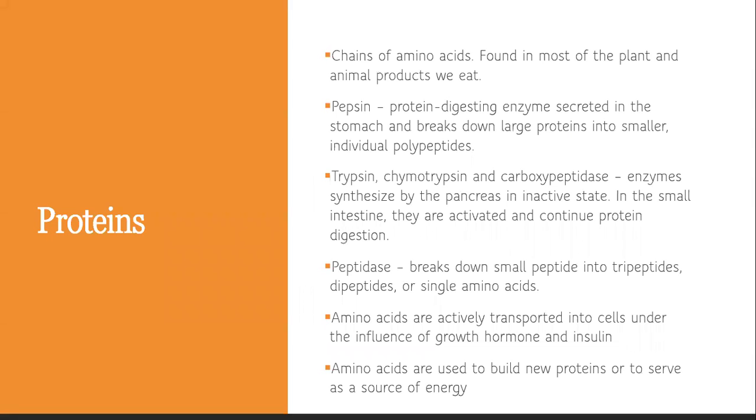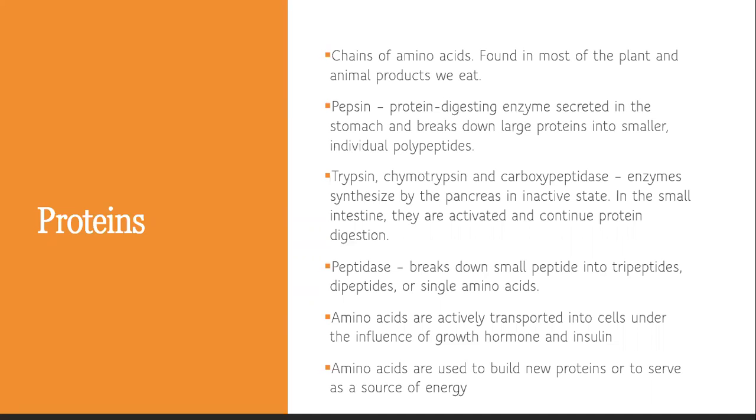We also have proteins, or chains of amino acids, found in most of the plant and animal products we eat. There are different enzymes. We have pepsin, which is a protein-digesting enzyme, and trypsin, chymotrypsin, and carboxypeptidase that are synthesized by the pancreas in an inactive state.